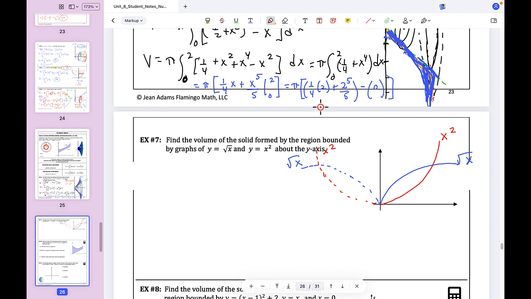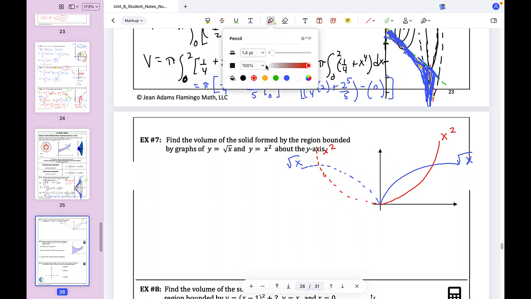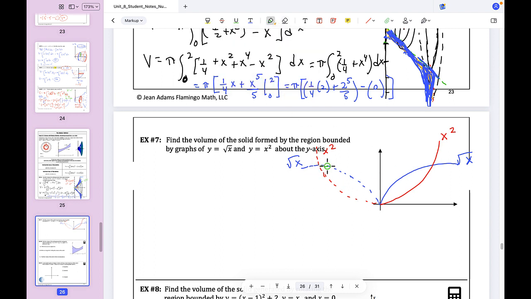Okay, so I revolve it around there and I get this shape. Sometimes if we just fill it in, it makes it a little bit easier to see. Okay, so that's the shape I'm going to get.